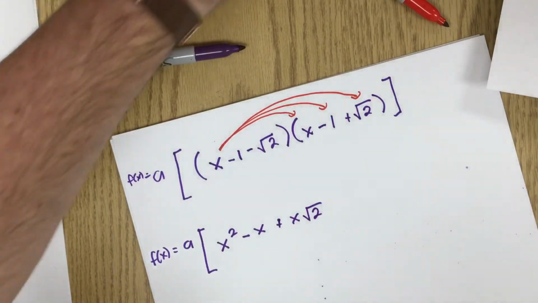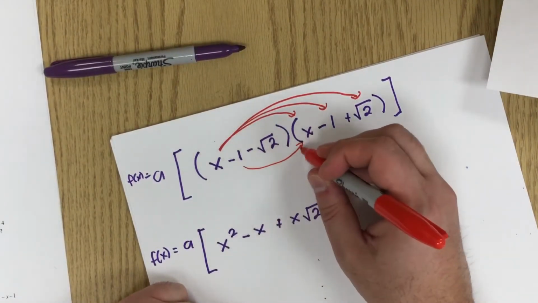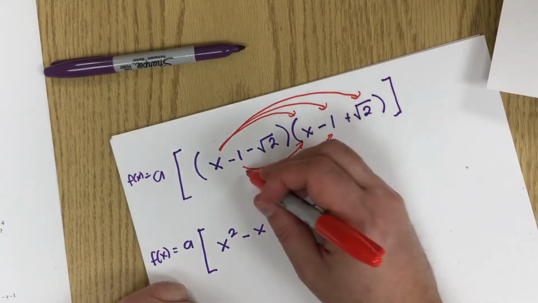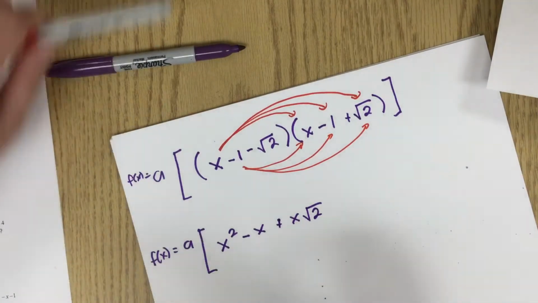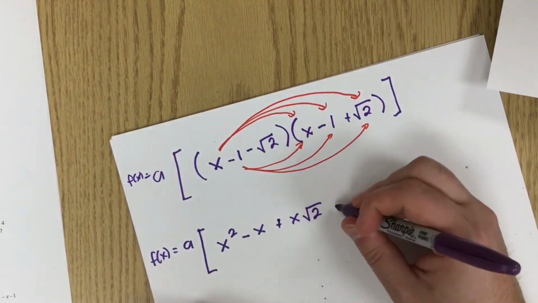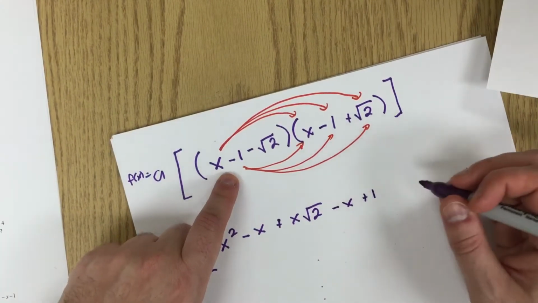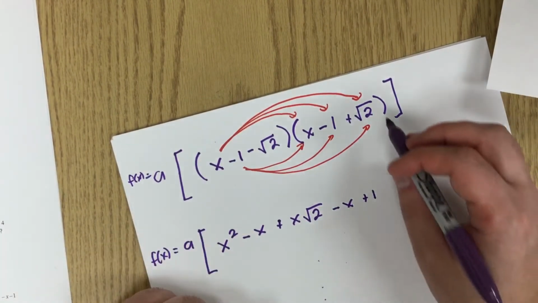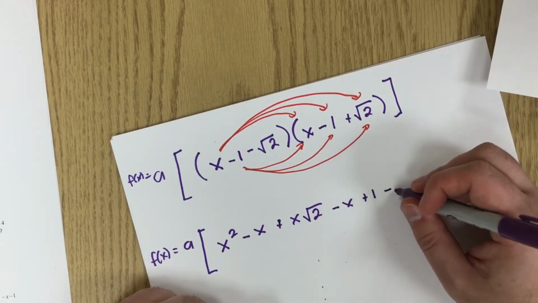Then we're going to do the minus 1 times all three. So minus 1 times x is minus x, negative 1 times negative 1 is positive 1, and negative 1 times root 2 is minus root 2.